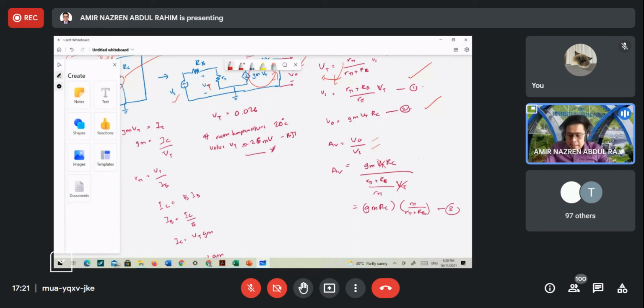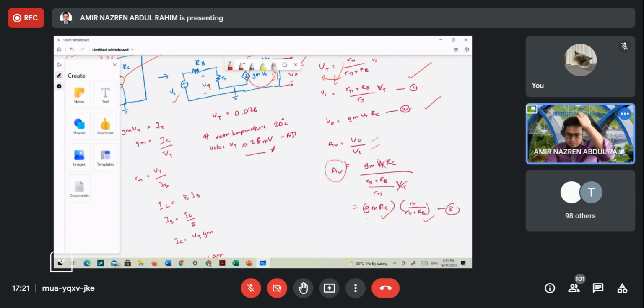So R pi over R pi plus RB times gmRC, we got the formula for AV. Now the formula we already know, but how do we know the values of gm and R pi? RC we already know, but the values of R pi and gm we still don't know.